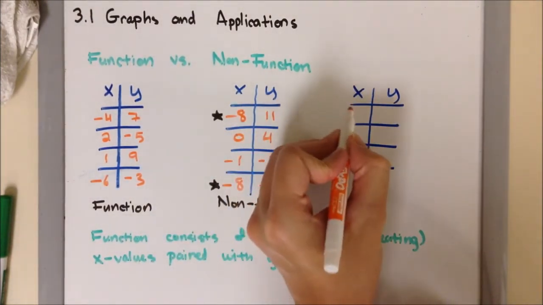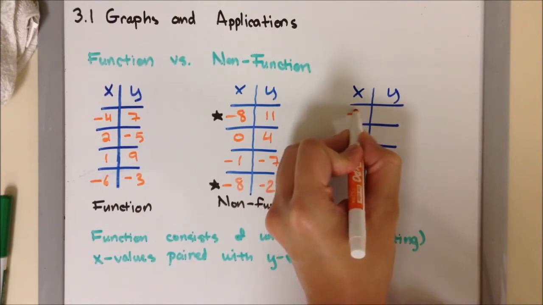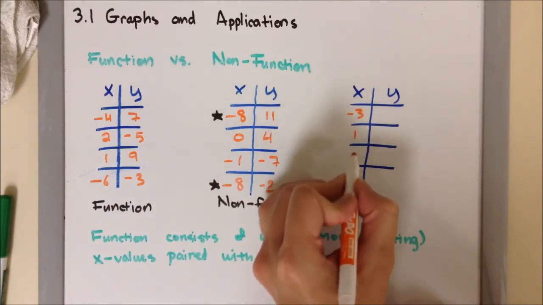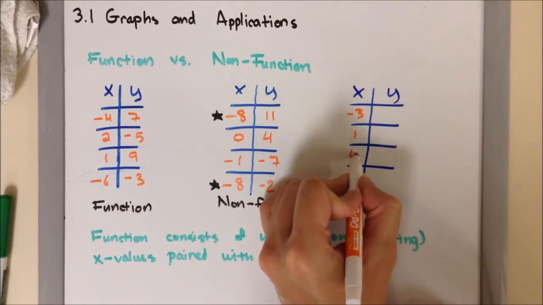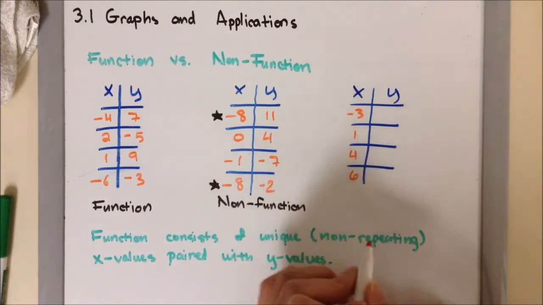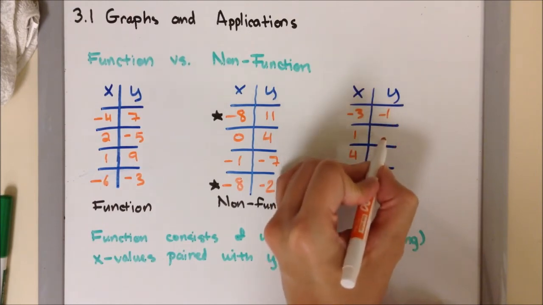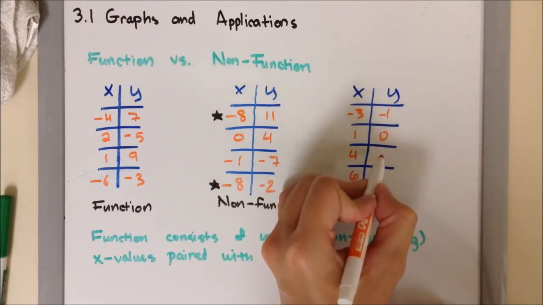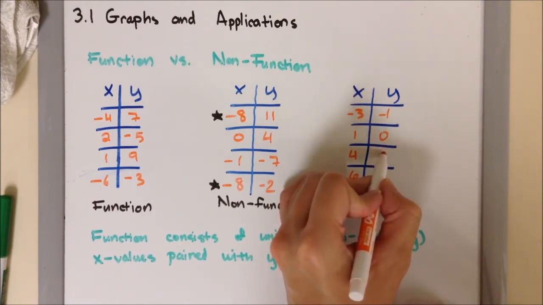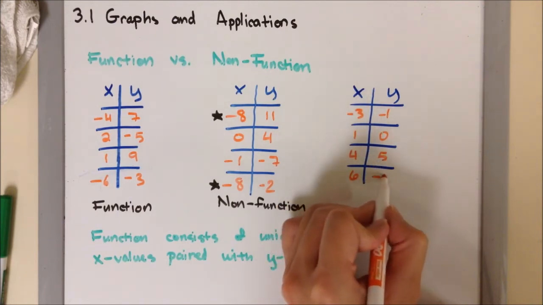So I'm going to write out my x values: -3, 1, 4, 6. And my y values, say we have -1, 0, let's say 5, and -1.